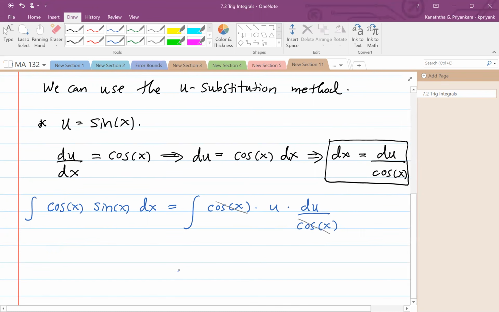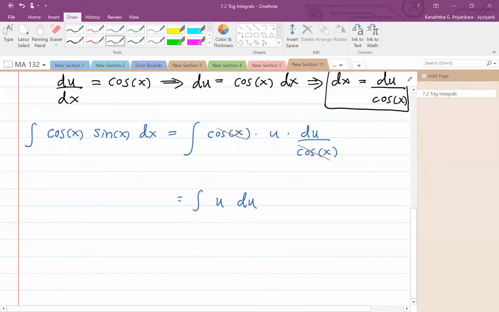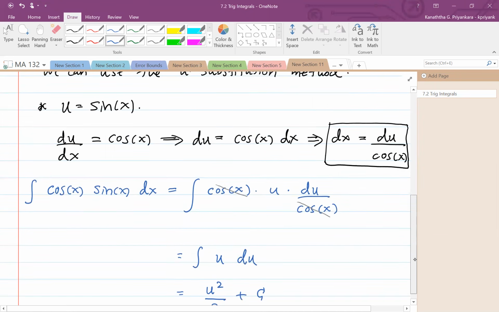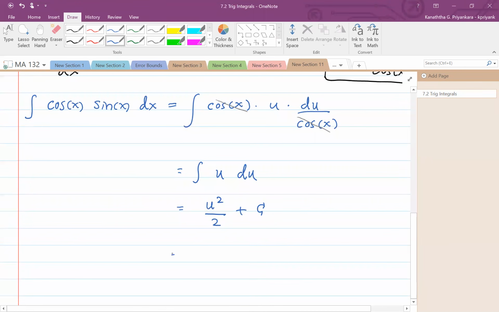Now we get the integral u du. We can compute the antiderivative: the antiderivative of u is u squared over 2 plus a constant c. Now you can substitute back u equals sine x. So you get sine squared x over 2 plus some constant c, that is the integral of cosine x sine x dx.